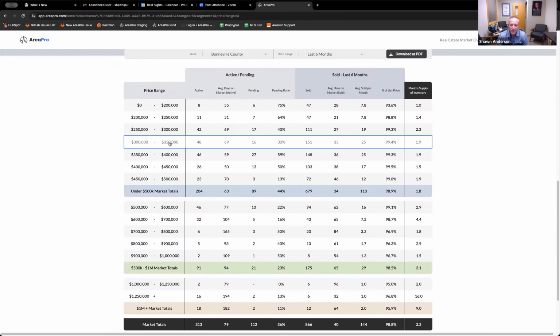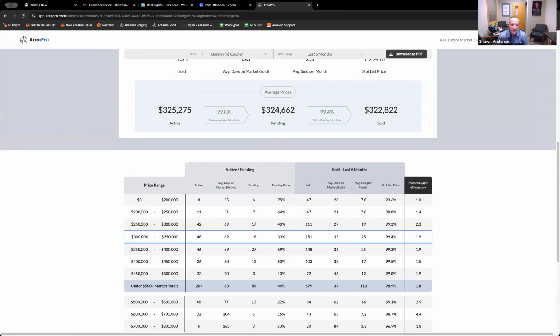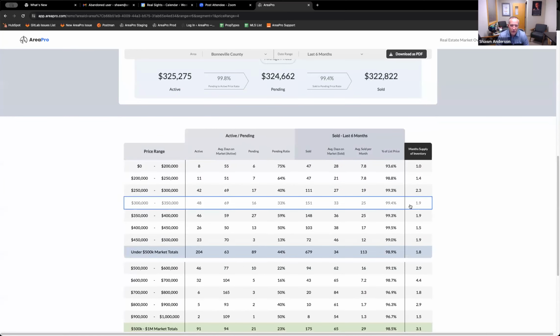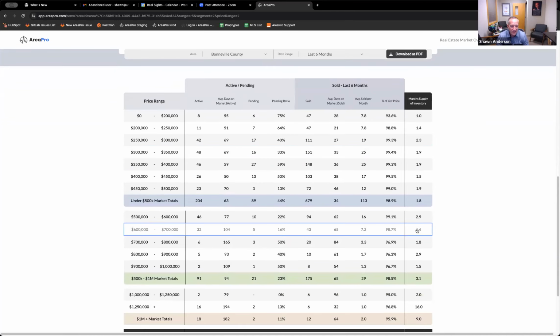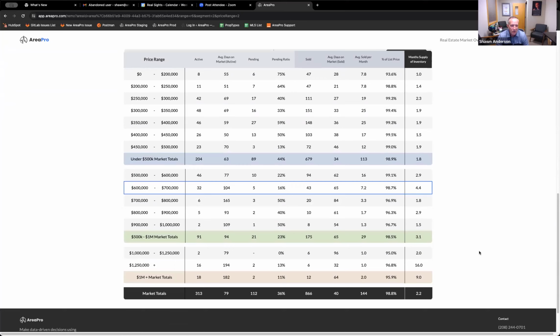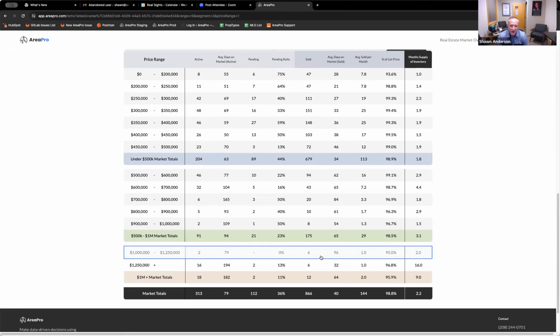For example, at 350, right now our average sold price is 322. And so between 3 and 350, there's a 1.9 month supply of inventory, and that's a pretty strong seller's market still. But as you get a little bit higher, between 6 and 7, that one's starting to tip towards a buyer's market. And then of course, this is a little surprising to me right now, but it's only because we only have 2 houses on the market in our county between 1 and 1.25.